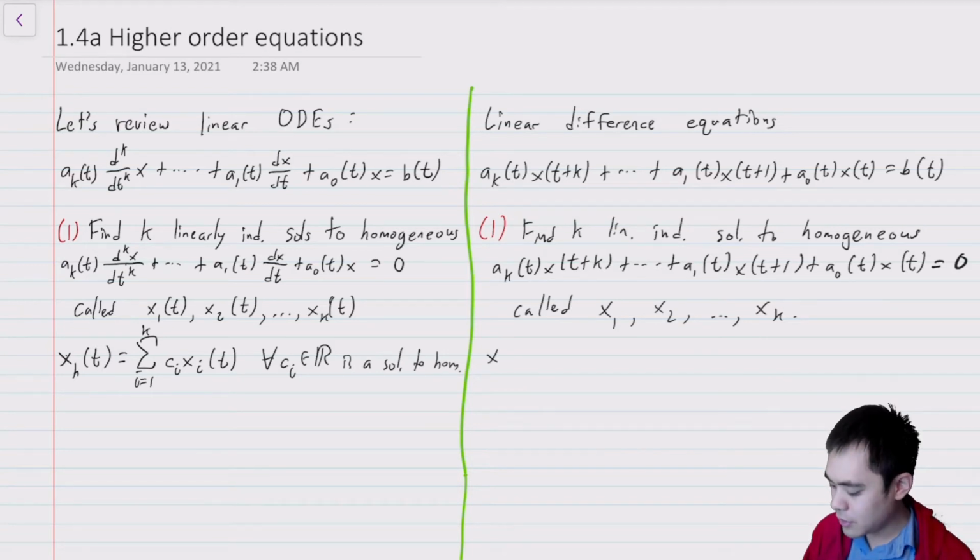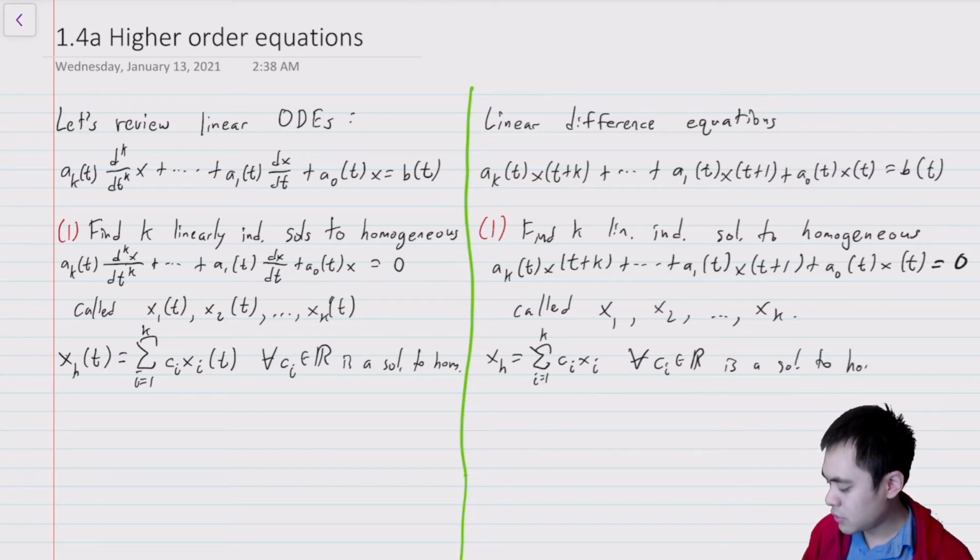And similarly, x_h, which is equal to a linear combination. So this is exactly the same. I'm writing the same thing down twice. For all c_i in R is a solution to the homogeneous equation.